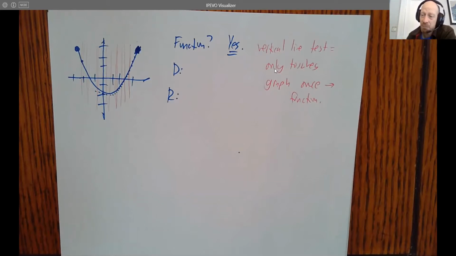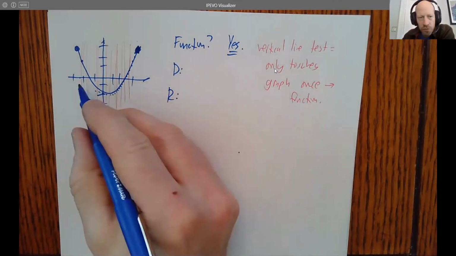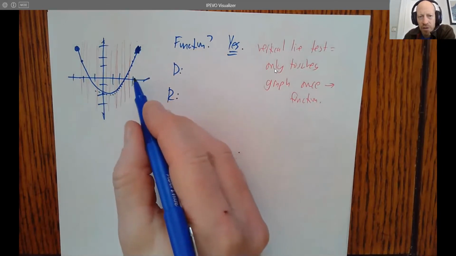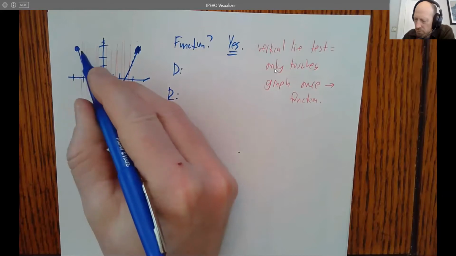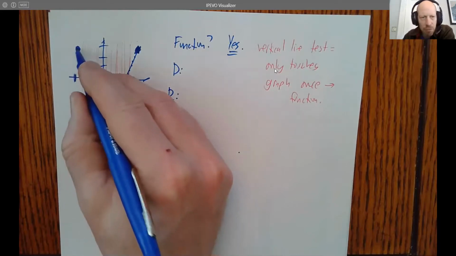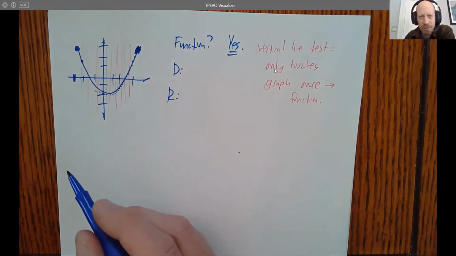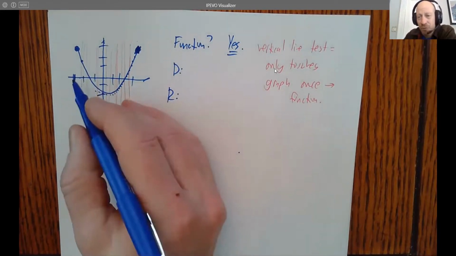So the second part here is what is its domain and what is its range? The domain are all the x values, and you know, my graph is not perfect. Graphs are always a little bit of an estimate, right? But here's what I can't do.